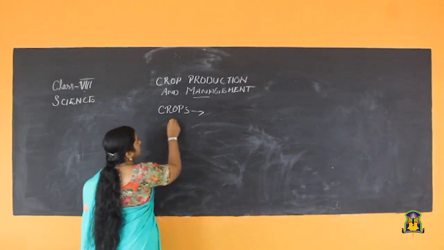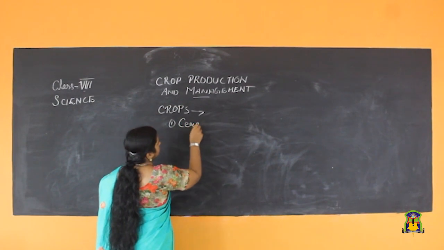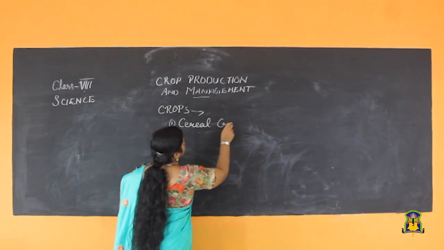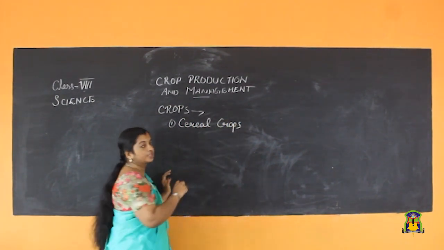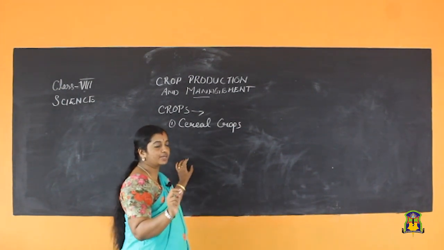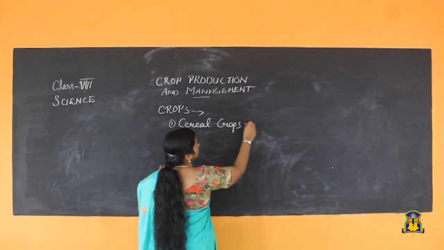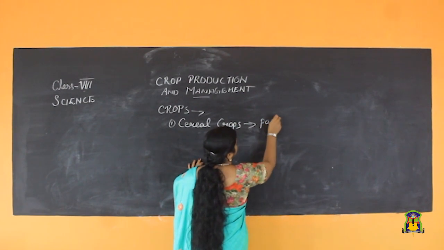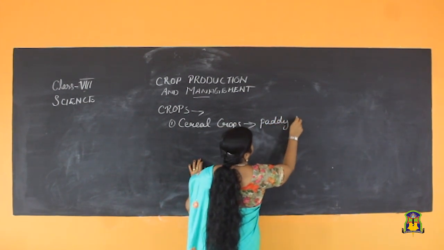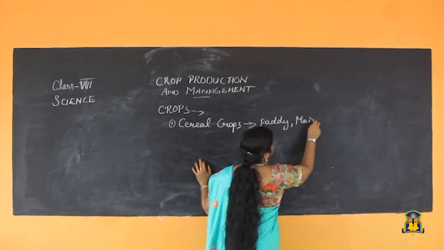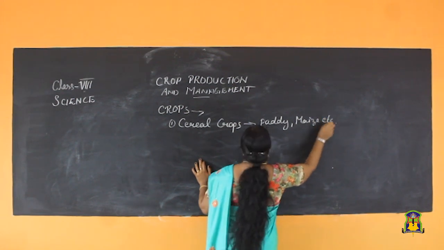The first one is cereal crops. I will give you some examples, then you will become clear with what cereals are.